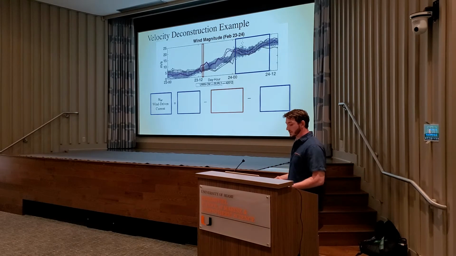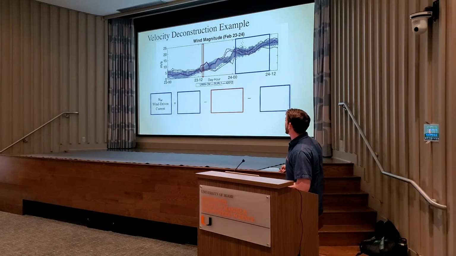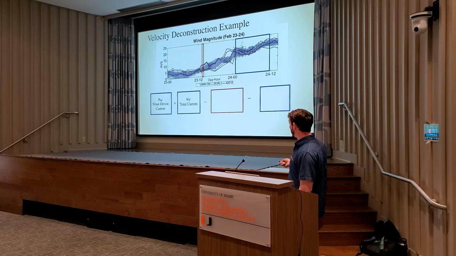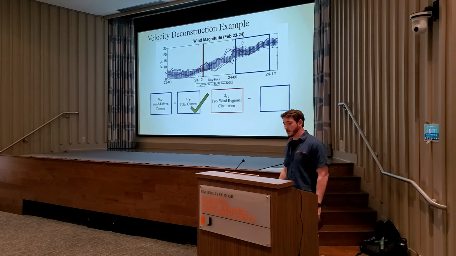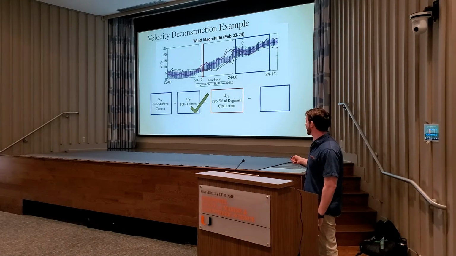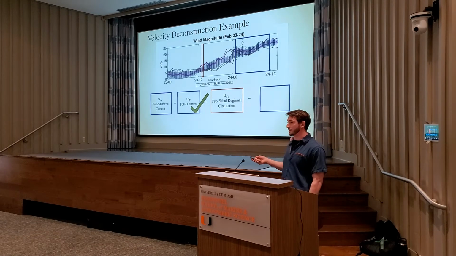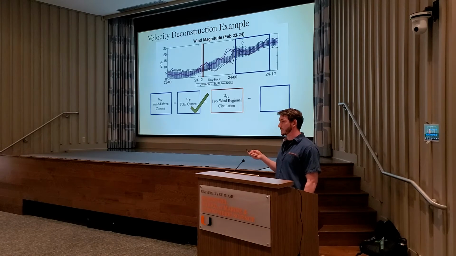So here's an example of how this velocity deconstruction is going to work. We want to solve for our wind-driven current during our high wind analysis period. We have the total surface current, which is just the velocity of our drifters during this period. So check. We're going to have to solve for or calculate a regional circulation before we see an increase in winds, because those winds are going to disrupt the regional circulation signature.